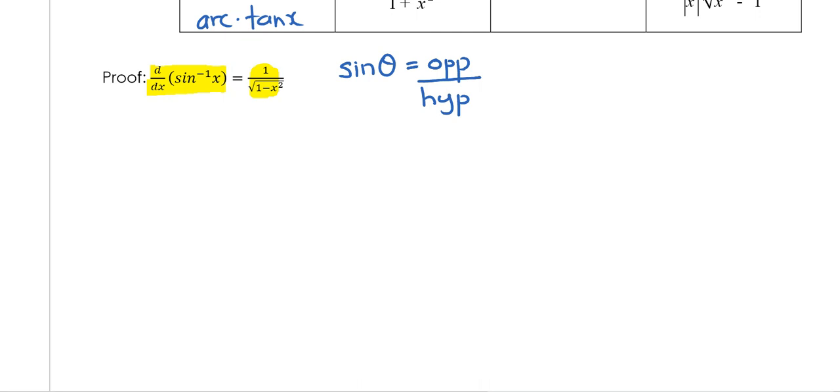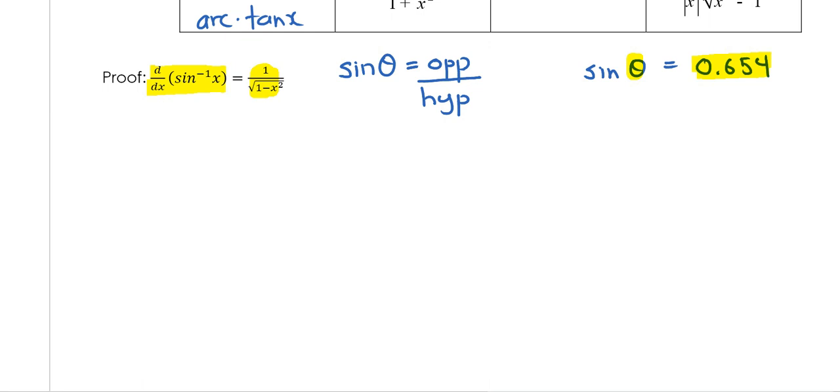And also, when you were solving trig questions back in grade 9 or grade 10, you may have come across problems such as sine theta equals, I don't know, 0.654, and your job was to find the angle such that the sine of that angle will give you 0.654.